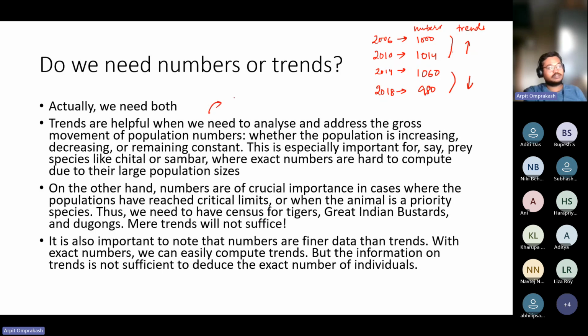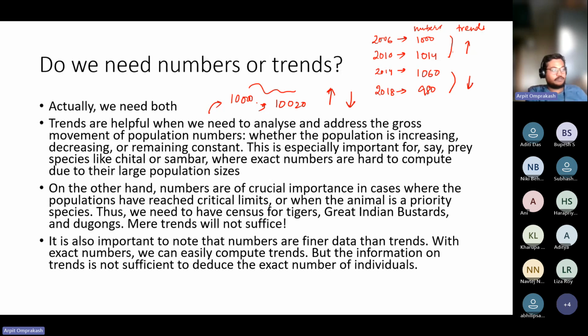The number of sambar might be 10,000, or it might be 10,020, right? This exact number does not matter to us that much because it's a very large population, and whatever numbers we are estimating are, of course, approximate values. What we need to see is, across years, is the number of sambar increasing or decreasing? Because that is the thing that will matter to us.